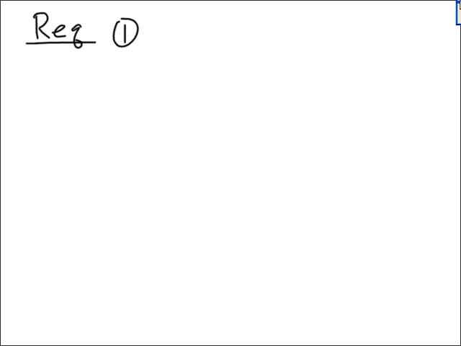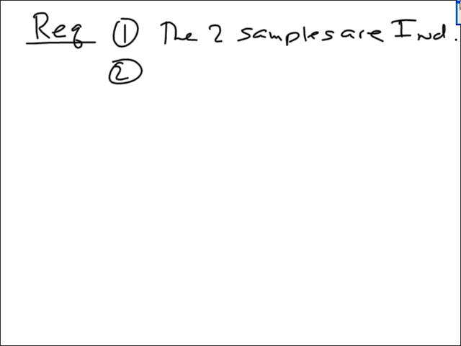Remember, the title of the section is Inferences about 2 means with independent samples. So the first requirement is the 2 samples are independent. That's requirement number 1.